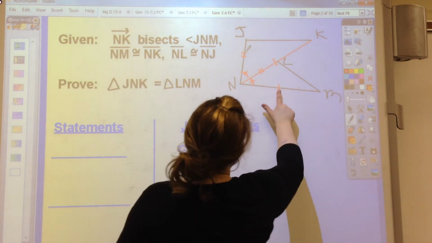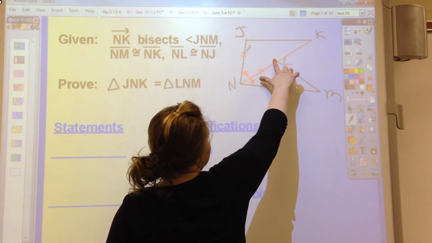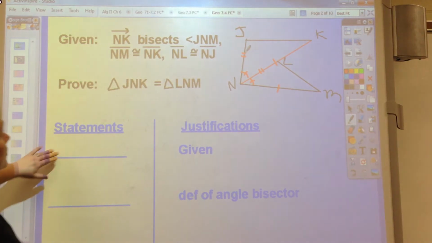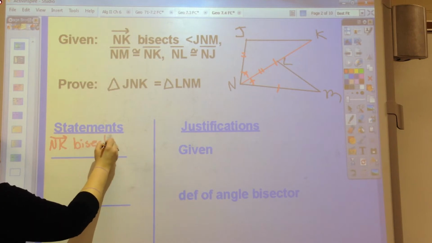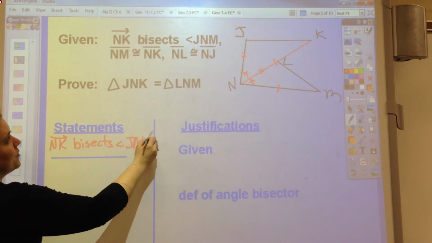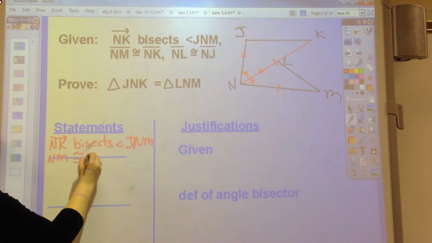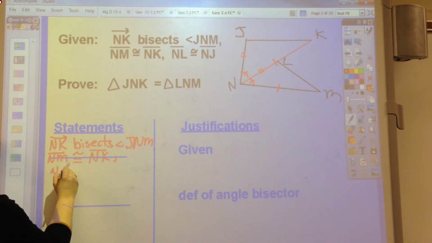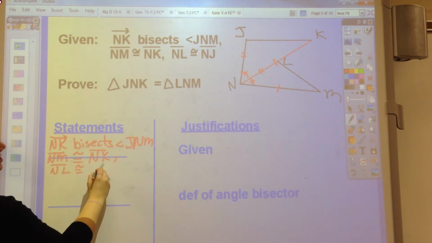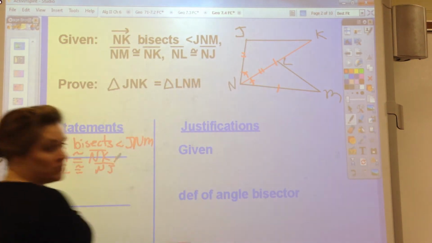So notice that I have side length, angle, side length, and over here I have, in the same order, side length, angle, side length. So let's start with our givens. NK bisects angle JNM. I know NM is congruent to NK, and NL is congruent to NJ. All of those are my givens. Now I could say these two angles are congruent to each other, just like I did on my figure.